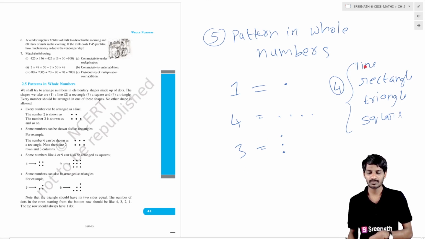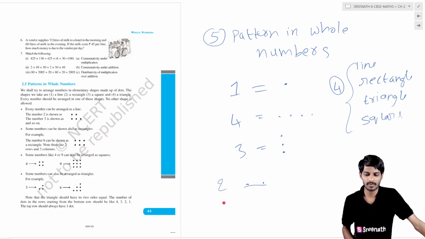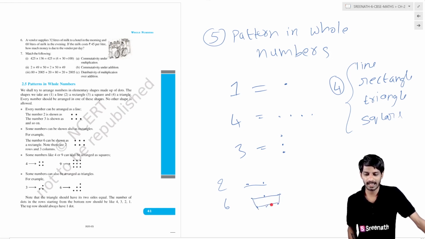How can we represent a line? Suppose there is a 2, you represent it as a line. If you want to represent a rectangle, take 6 dots, 1 2 3 4 5 6, which means the whole number is 6. Then if you club these, you will get a rectangle.